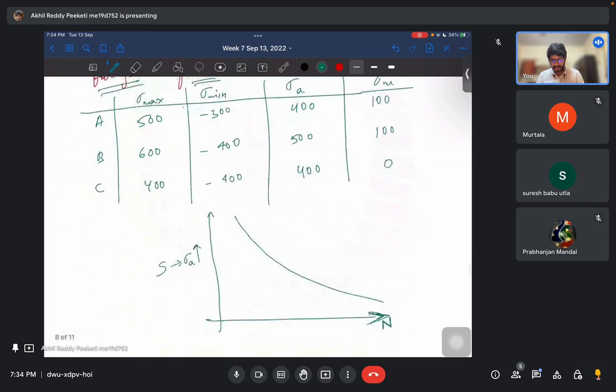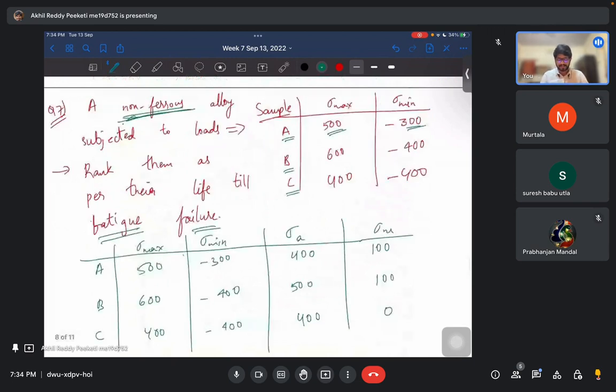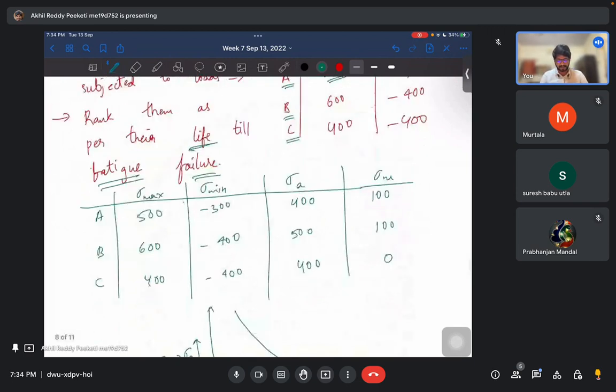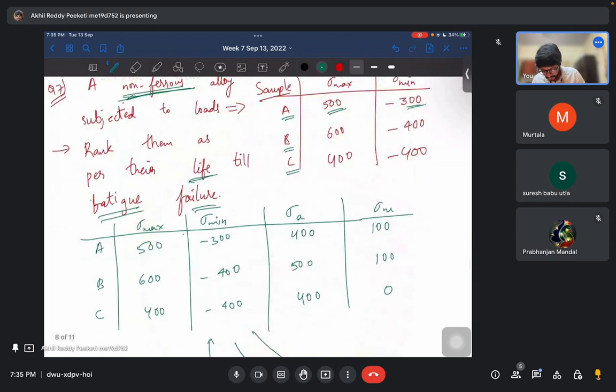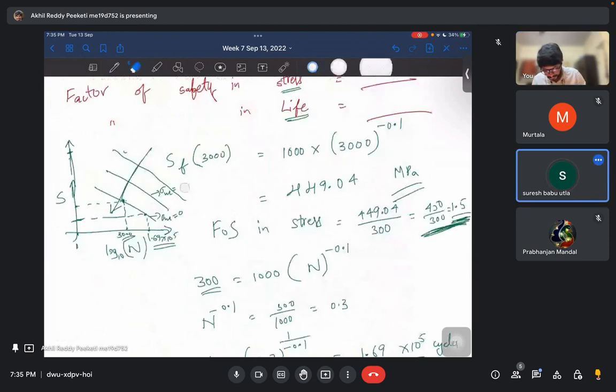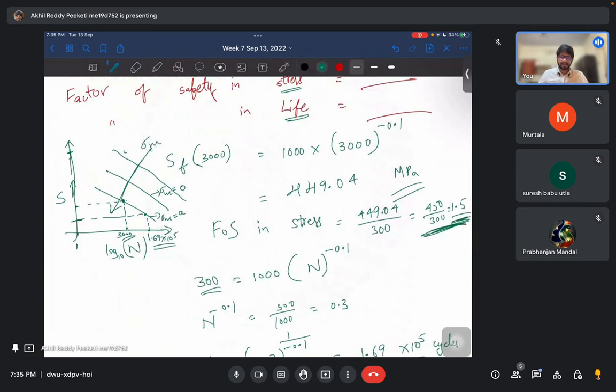Now we have to rank them as per their life. Which can sustain more number of cycles? In that order we have to rank. Actually I have given here wrong. With the mean stress increasing, it will actually fail much earlier.